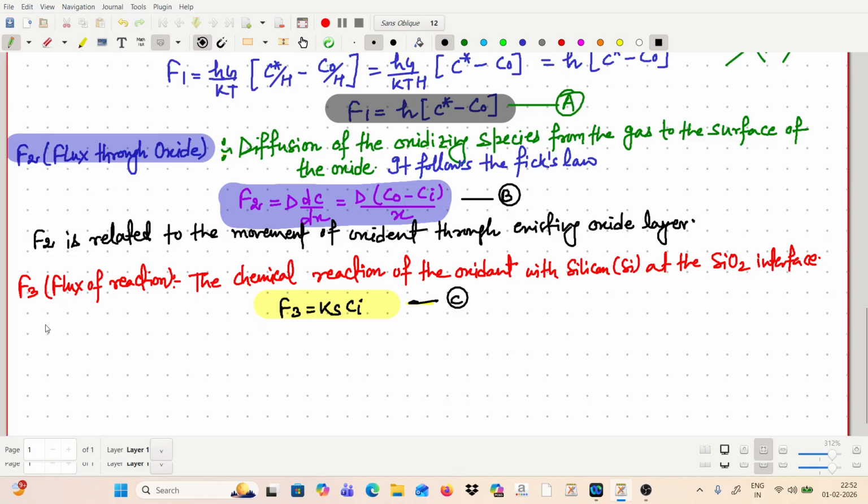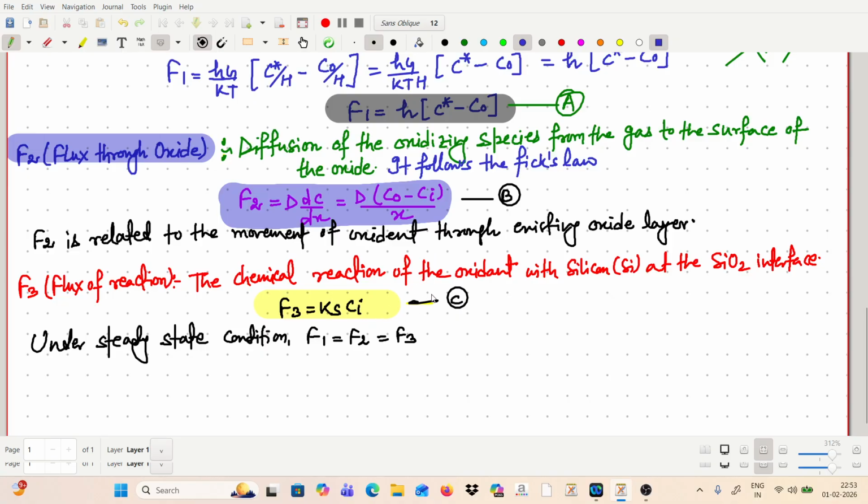So I am writing here, under steady state condition, these fluxes are equal: F1 equals F2 equals F3. Now we have to solve this.